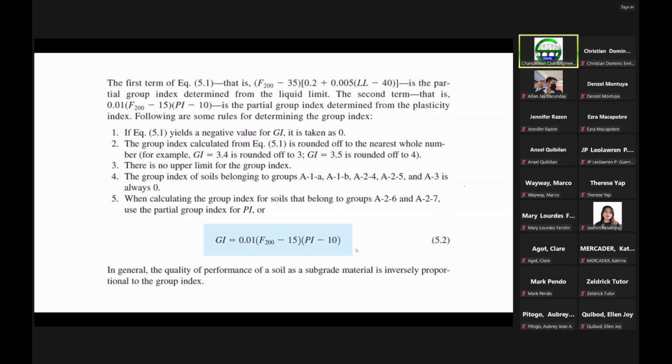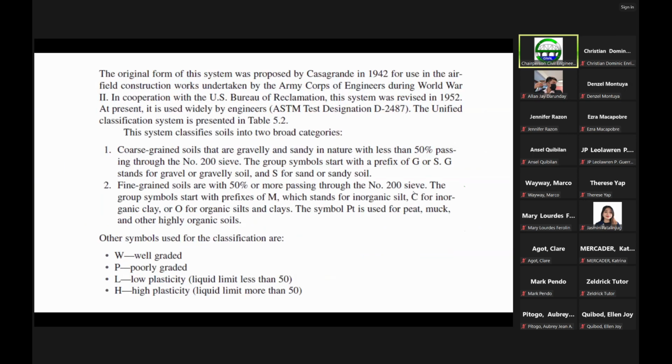Then as the group index becomes higher, it will have a poorer quality for the subgrade material. So we should always try to aspire for a value of 0, for example, or lower values. Okay, so I think that's for the AASHTO soil classification.